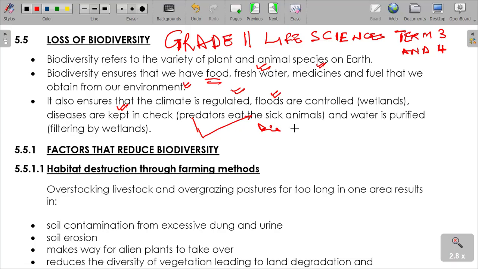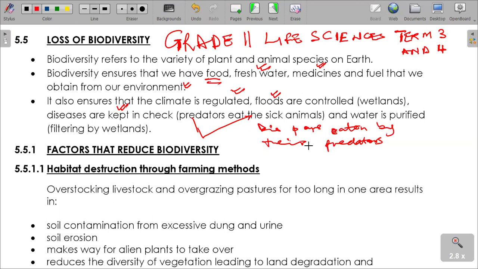They die and they are eaten by their predators. This is an interaction that keeps the ecosystem in check and balance.